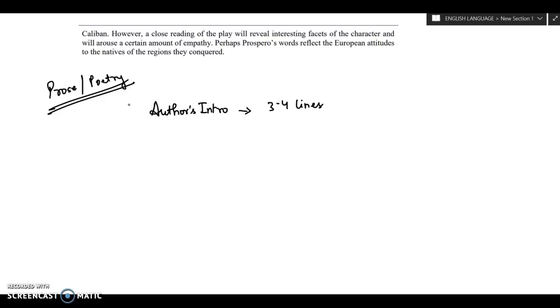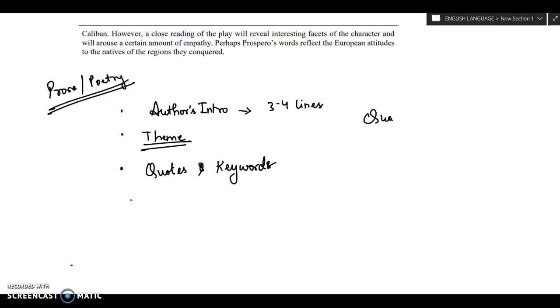You don't have to mention the date of birth, nor anything that is not required. Then we have the theme. What is the theme of the story, of the poem, right? Then quotes and keywords.